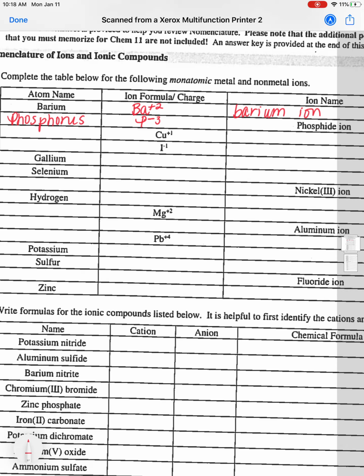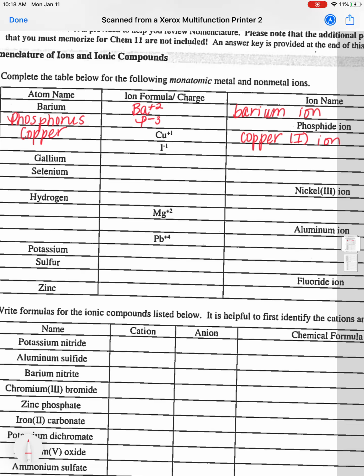Let's do one more on this table. I have Cu+1. Cu is the element copper, so over here in the atom name, that's where the element name comes from. I would name this ion copper, but copper is a transition metal, so I would put a 1 in parentheses and call this copper(I) ion.